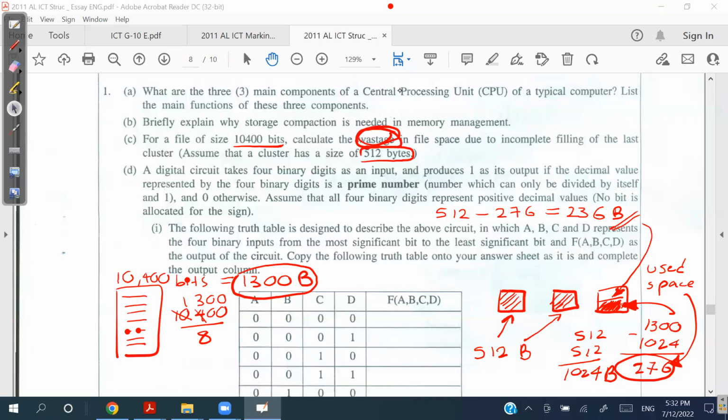In case anyone needs to write this down, please write it down. Okay, anyone who is still copying?